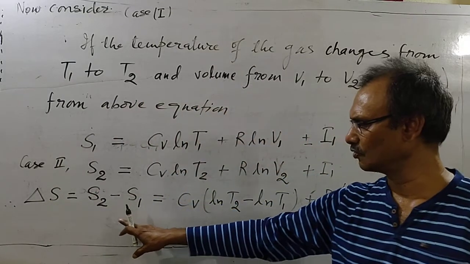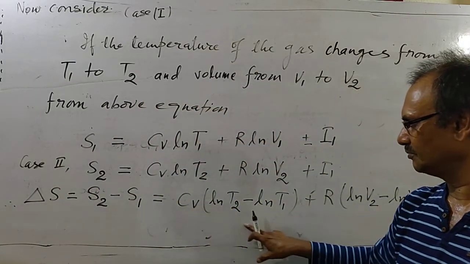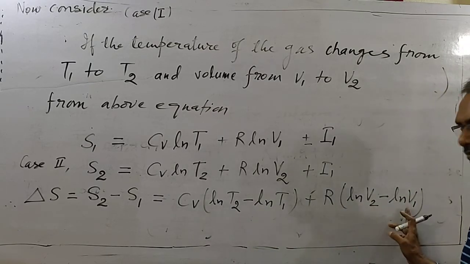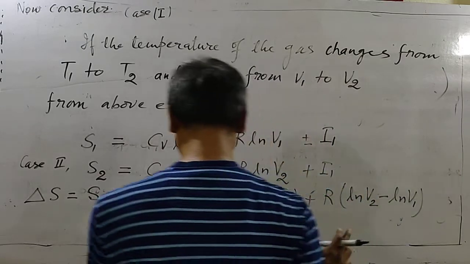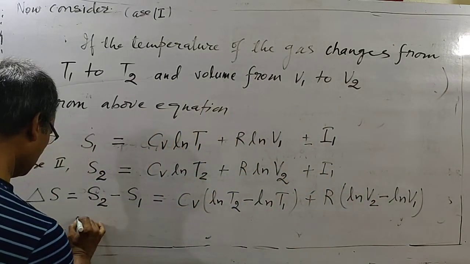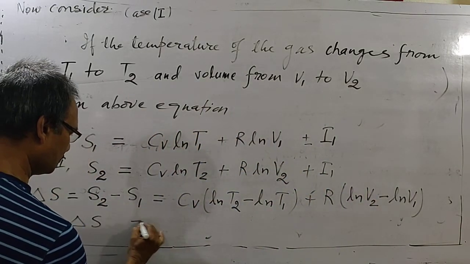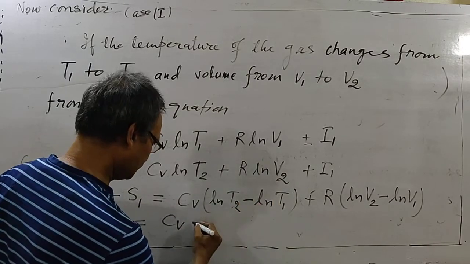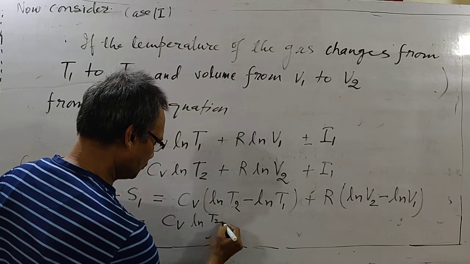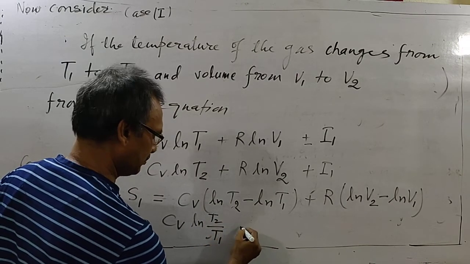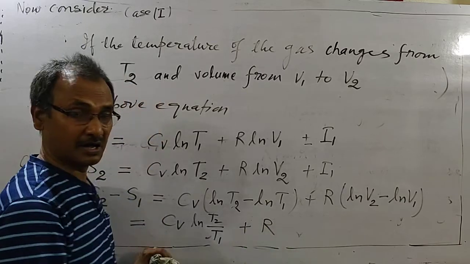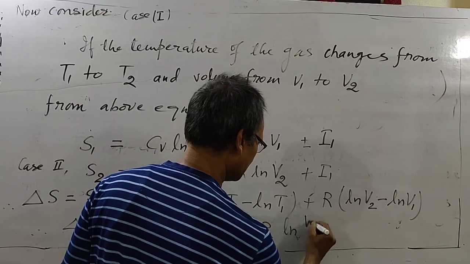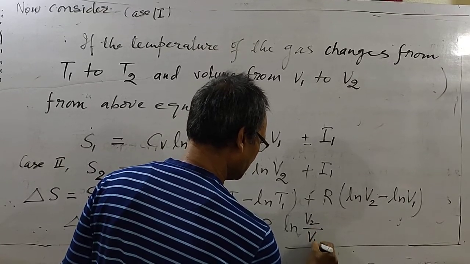Delta S, change in entropy, is equal to CV (ln T2 minus ln T1) plus R (ln V2 minus ln V1). Therefore, delta S will be equal to CV ln T2 by T1 plus R ln V2 by V1.